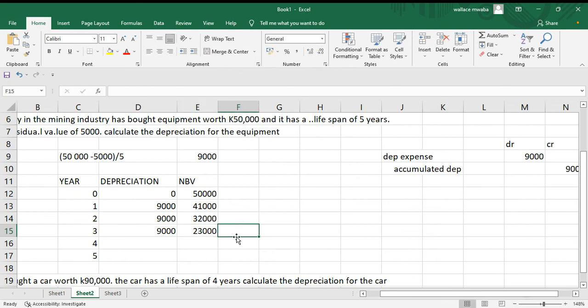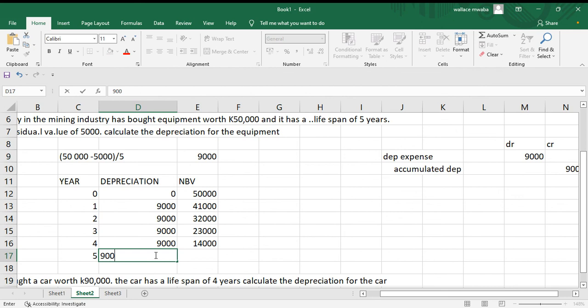Then year four, depreciation expense 9,000. We're going to say 23,000 minus 9,000, you get 14,000. Finally, in year five, 9,000.